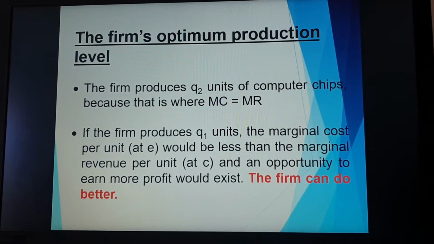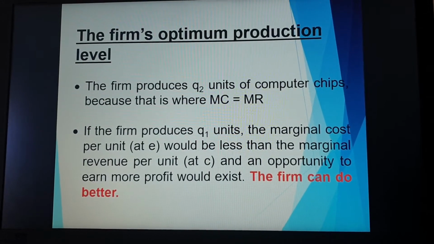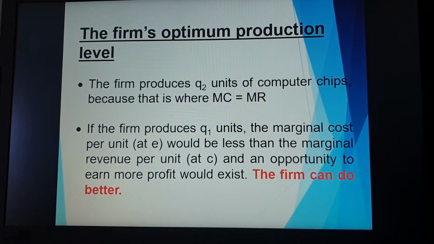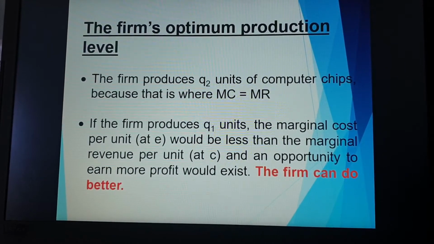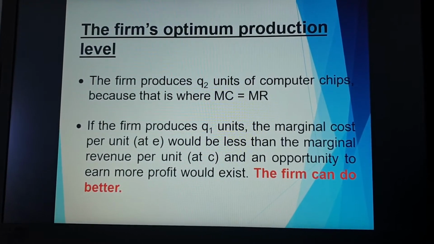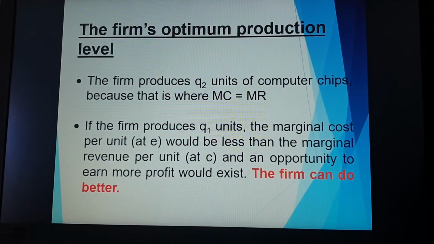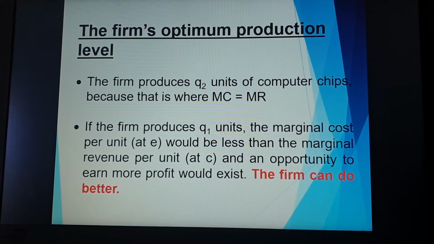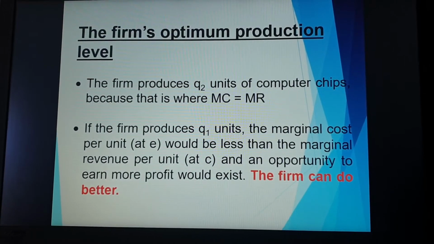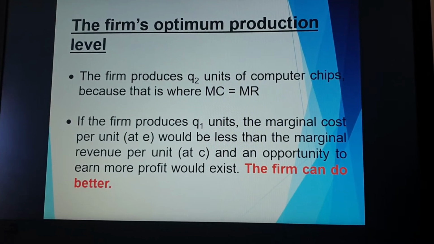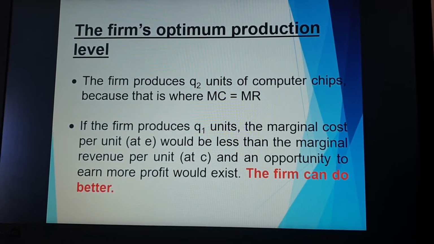The firm's optimum production level. Before, on that graph that I've drawn for you, we talked about the maximization of profit. That is normally where MC equals MR. So that is my profit maximization point, or the golden rule of production.